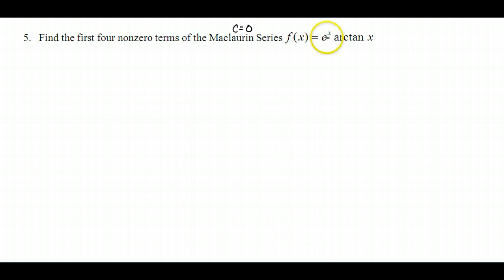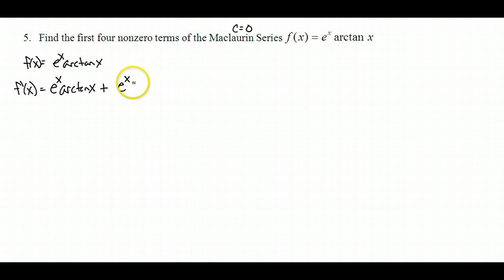Well, this is a disaster to start. We have e to the x times arctangent of x. And I can get my first term pretty easily. If I went through and said, here's my f of x, that's e to the x times arctangent x, then when I take my derivative, the derivative of the first term is e to the x times the second term, arctangent x, plus keep the first term, e to the x, times the derivative of arctangent, which is u prime, which is 1, divided by 1 plus x squared.